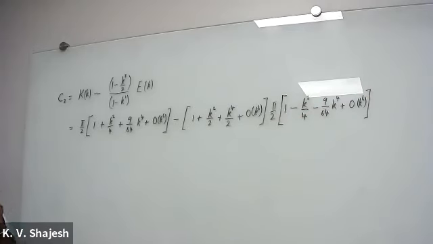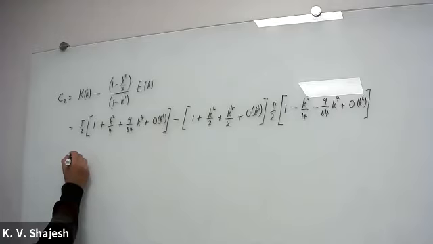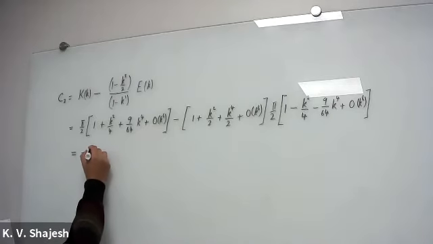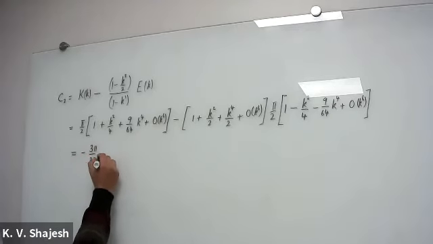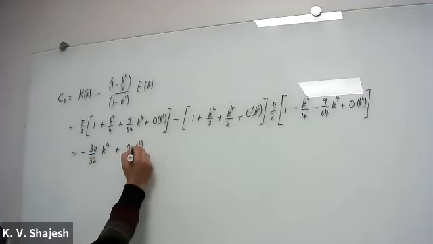We expanded this part already in the last class, and we noticed that there's a lot of nice cancellations. The leading orders all go away, and this gives you exactly, if I remember right, minus 3 pi over 32 k raised to 4 plus order k raised to 6.